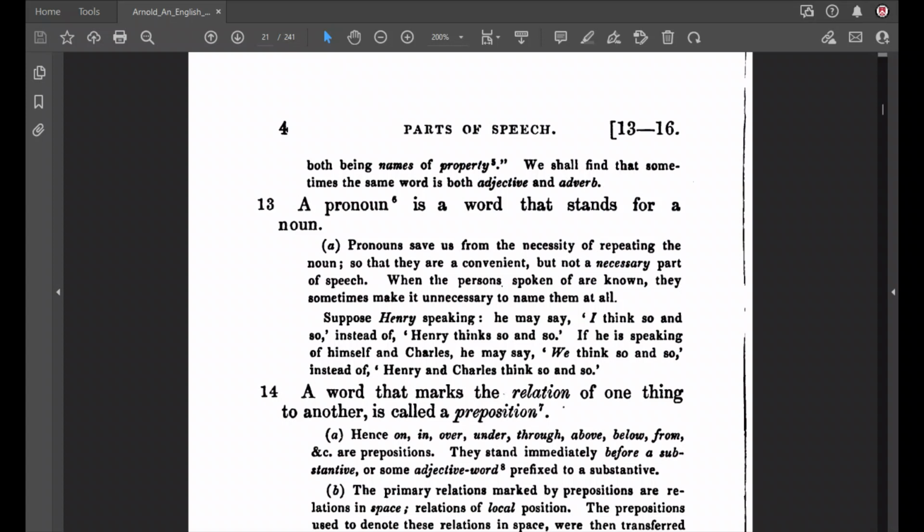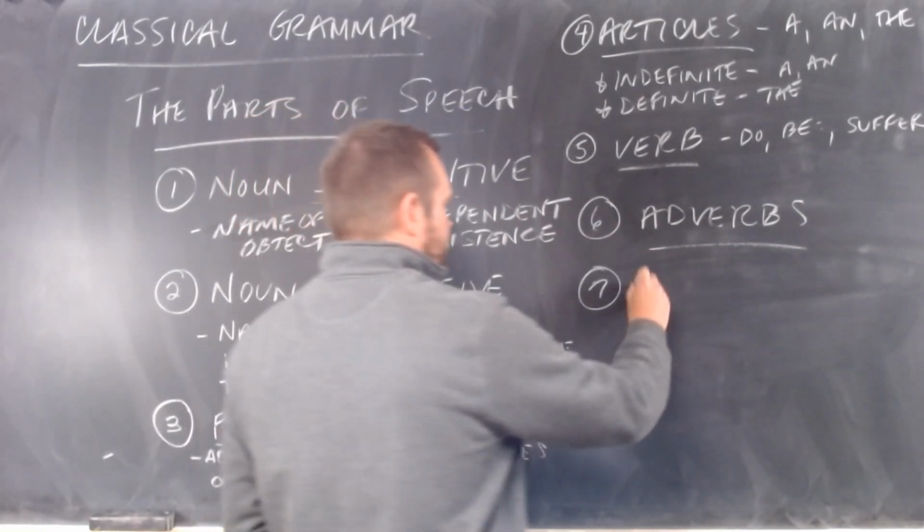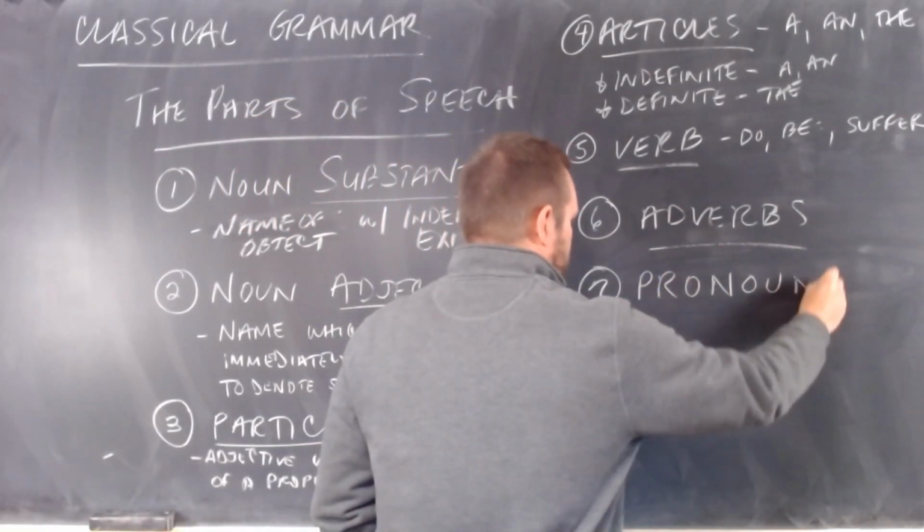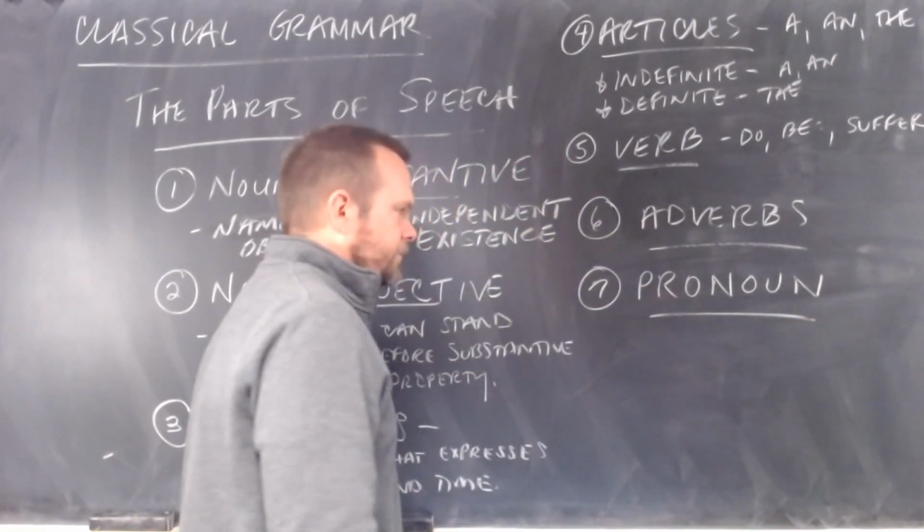Next, in paragraph 13, we move on to the seventh part of speech. In paragraph 13, we read, a pronoun is a word that stands for a noun. So the seventh part of speech that we learn about in English is a pronoun.